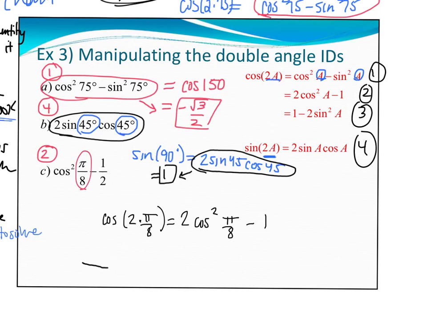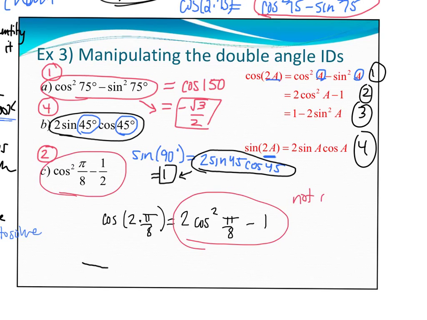So now I'm going to come over here and ask myself, is this equation a match to this expression? It's not a match, but it's close. It's close because if I were to divide both of those terms by 2, then it would be a match.